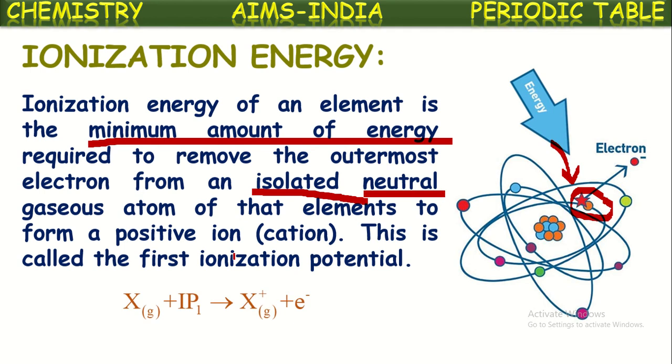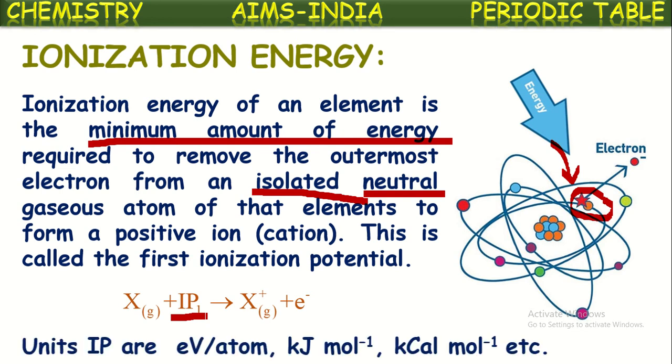An isolated neutral gaseous atom is taken, and an amount of energy is supplied. Then it releases one electron and converts into a unipositive ion. The energy required for the removal of this electron is called ionization potential.